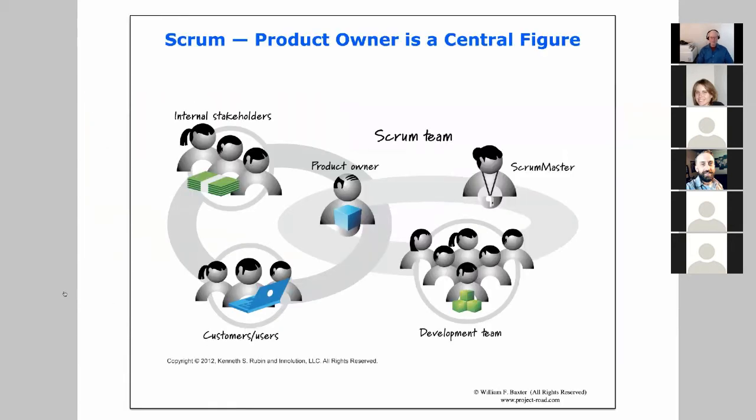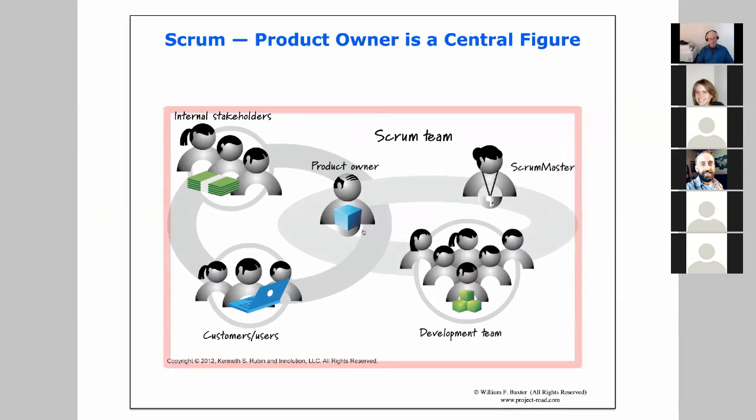Okay, so coming back to the Scrum practices, the product owner is an extremely central figure. He or she is interacting with all the internal stakeholders to keep himself aware and able to represent the voice of the customer as authoritatively as possible. Internal stakeholders interface with customers as well, or end users.